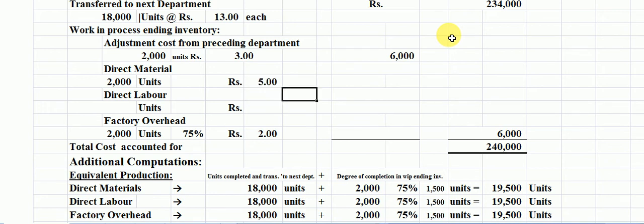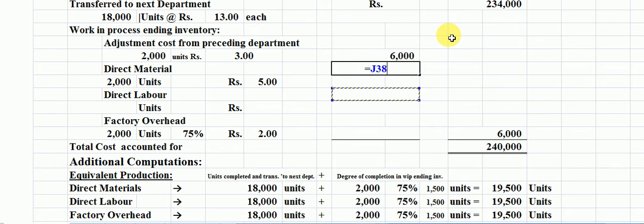Now we multiply both values here, into 5.